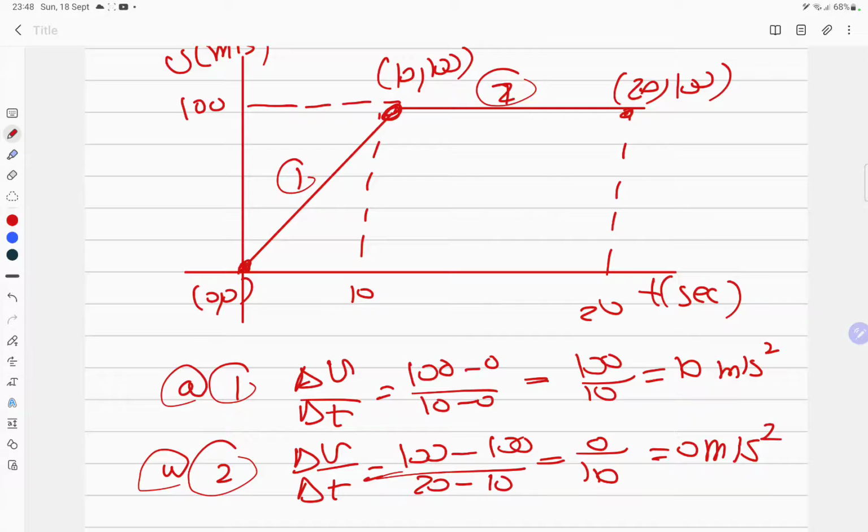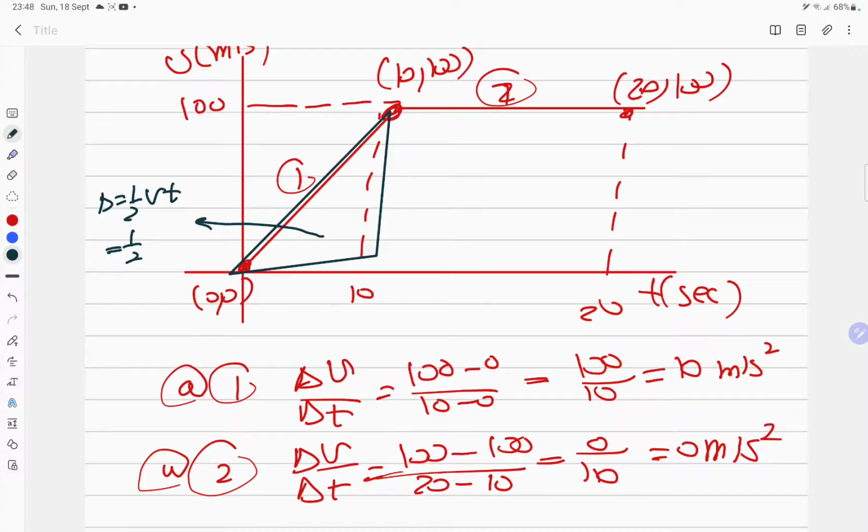So slope 1 and slope 2, that's the acceleration. Now let's talk about the last thing, which is the displacement. I have two areas. If I want to find the displacement here, displacement is equal to half times v times t, which is half. Why half? Because it's a triangle.